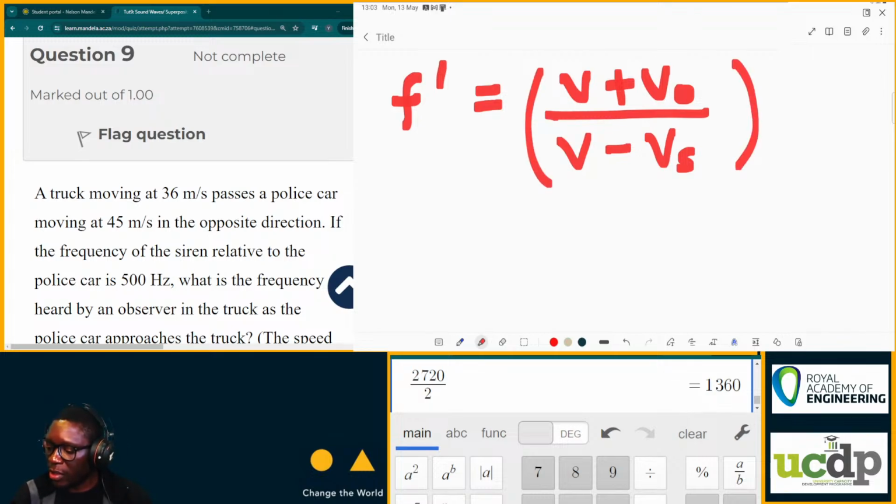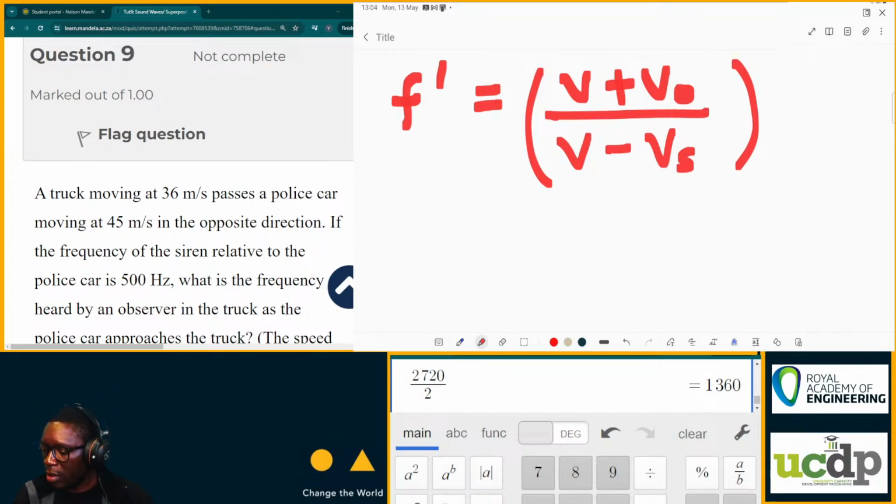V is the velocity of the sound waves. Remember, we're dealing with sound.